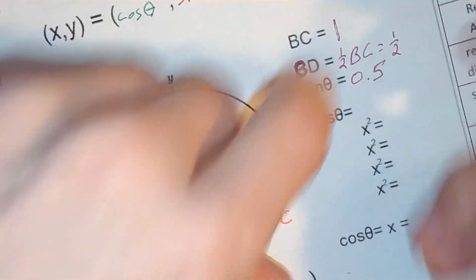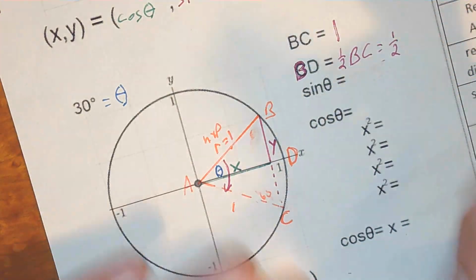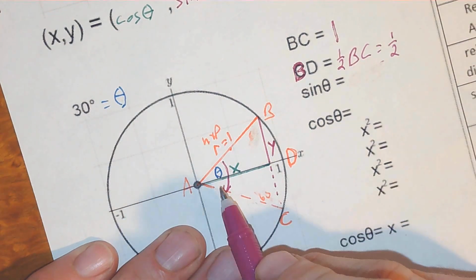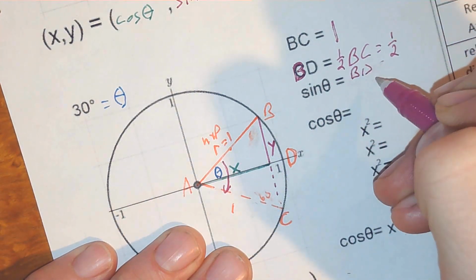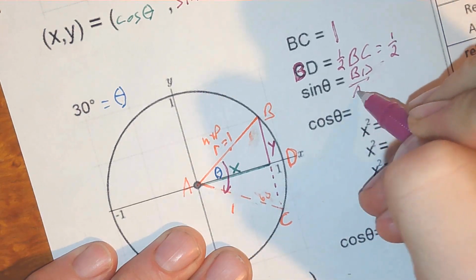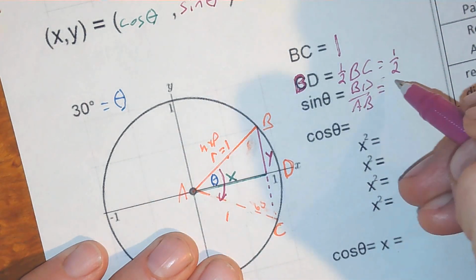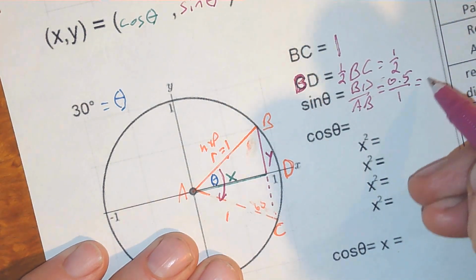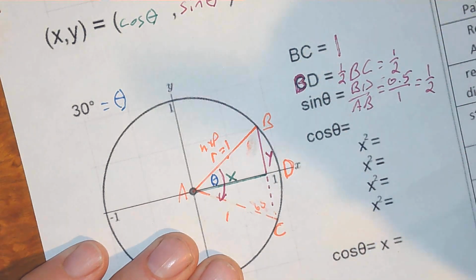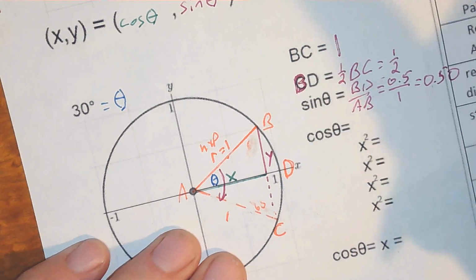That's 1/2, right? We'll do that math a little bit better, right? So the sine of theta equals BD over AB, which equals 0.5 over 1, which equals 1/2, or 0.550 to be more specific.